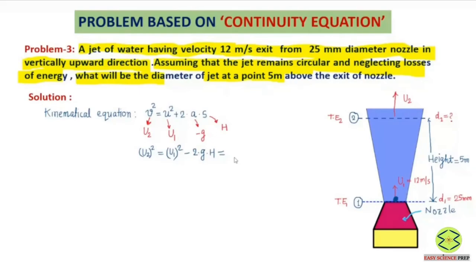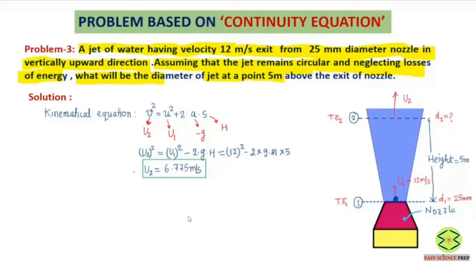So we can substitute the values. The initial velocity u1 is 12 meters per second, so it is 12 square minus 2 times the value of g, 9.81, and then the height given as 5 meters. So if you substitute, you will get the final velocity of the fluid particle at section 2 as 6.775 meters per second.